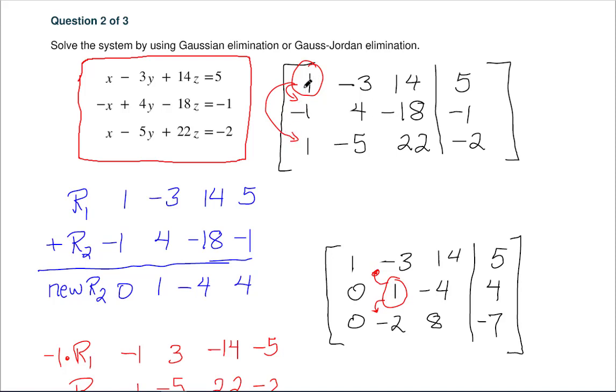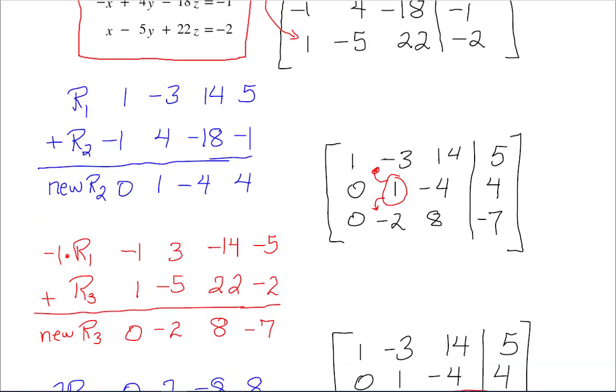So I can simply add row 1 and row 2 to make a new row 2. And so I get 0, 1, minus 4, 4. I'm going to need to multiply row 1 by a minus 1 so that when I add it to this one, I get a 0. Alright, so that's minus times row 1 plus row 3, and we get our new row 3.